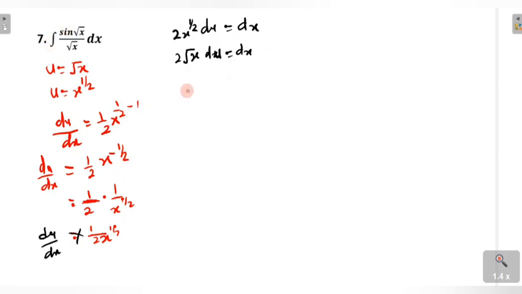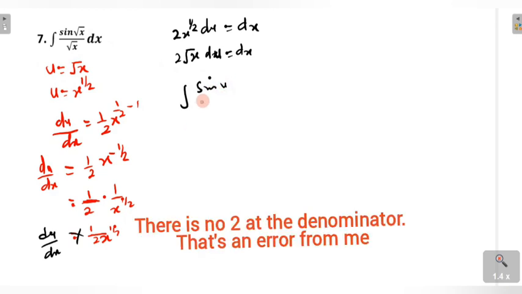So if we go back to the integral, we're going to have sine. Instead of sine root x, our root x is the same as u, all over 2 root x times 2 root x du, because I'm substituting this for the dx here.